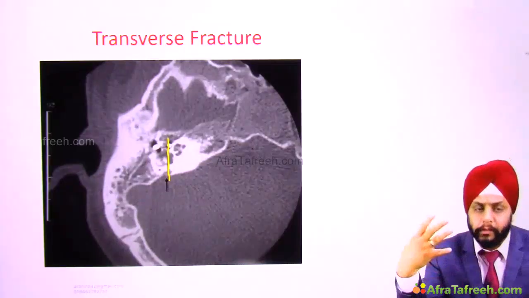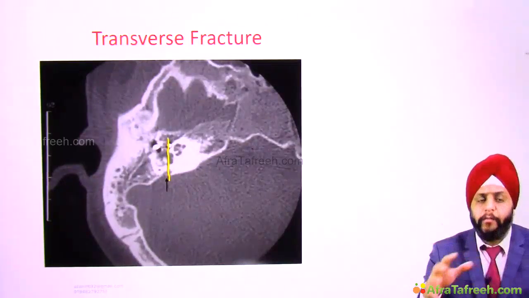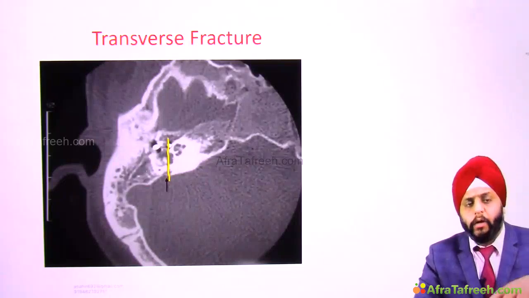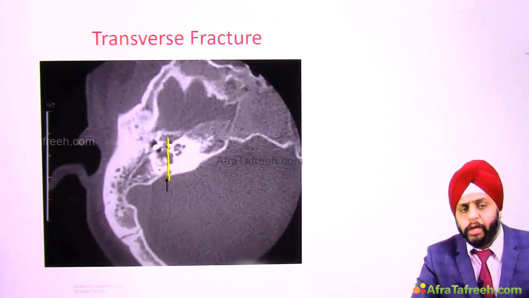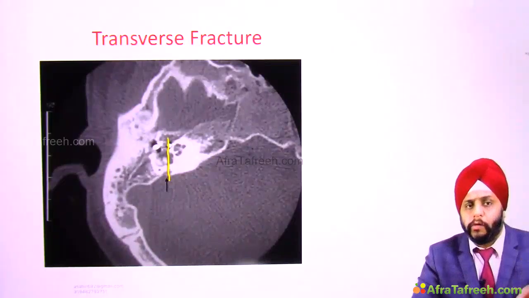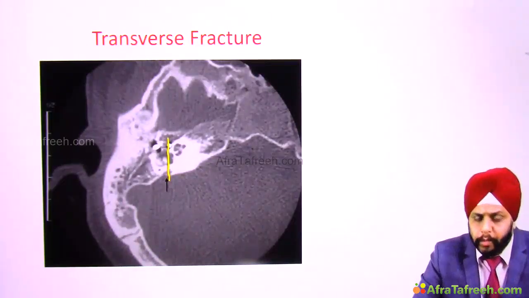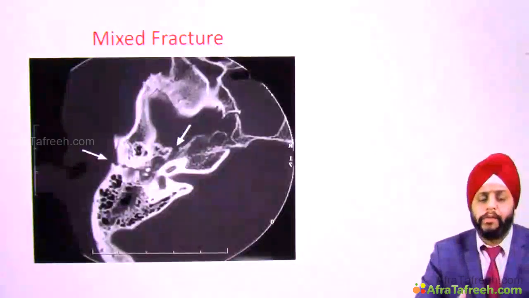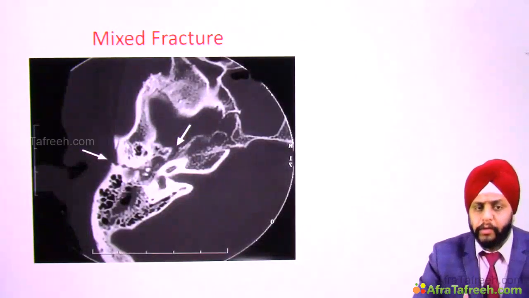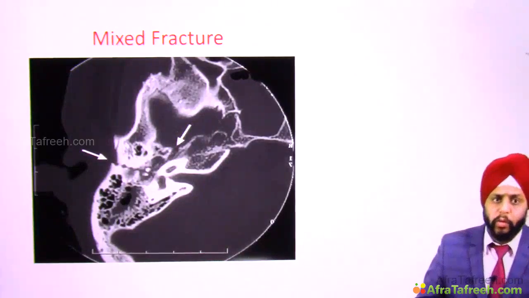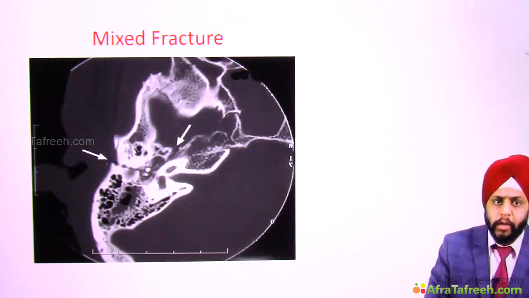This is an old classification. At that time we had only X-rays. So when we got the CT scan, we found that pure longitudinal and pure transverse are not that common, as we have the mixed fracture. So this is the third type of fracture, the mixed fracture. Longitudinal plus transverse. Look over here. You will see that this is the mixed fracture.